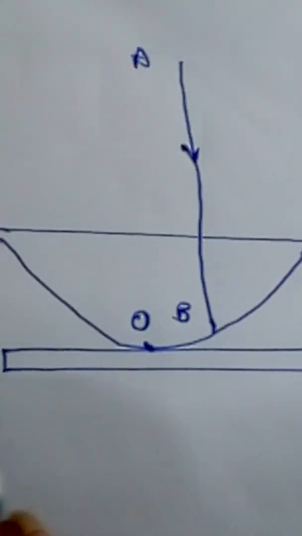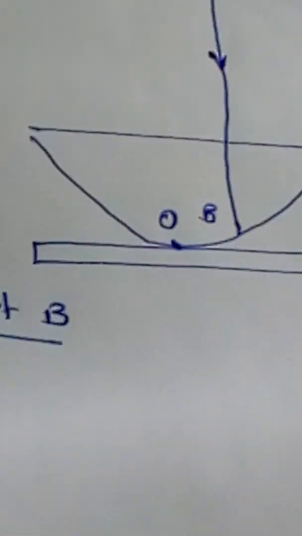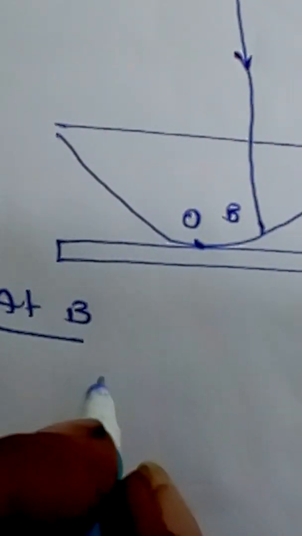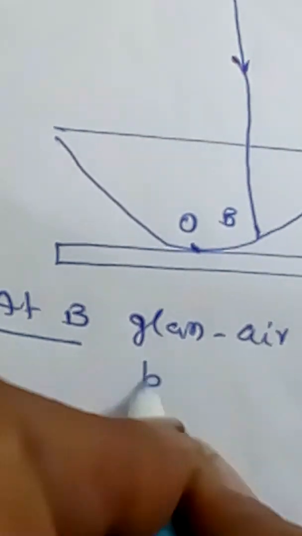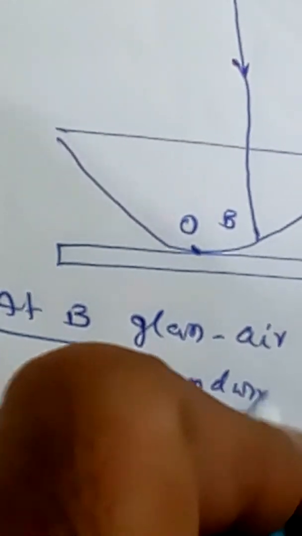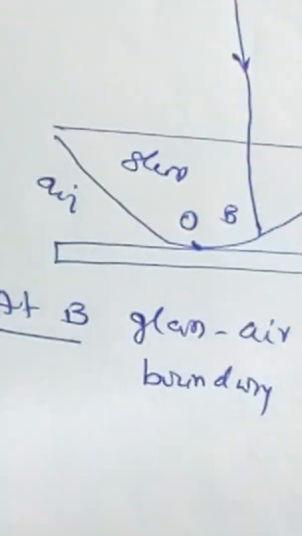At B, when I say at B, what is B? B is nothing but the glass air boundary. Here you have air, here also you have air, here it is glass.